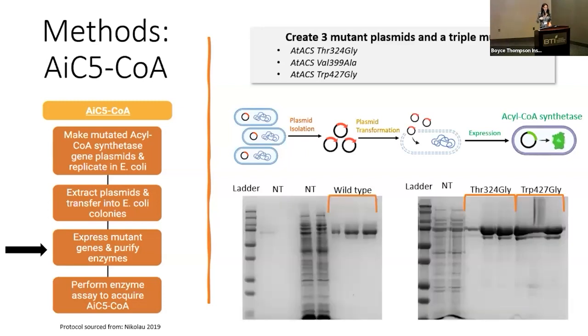And then you can see here that these gels indicate the presence of the protein. And so you can see they're right around the expected size that we were looking for. And so these were used in an enzyme assay to actually acquire the 2-methylbutyryl-CoA.